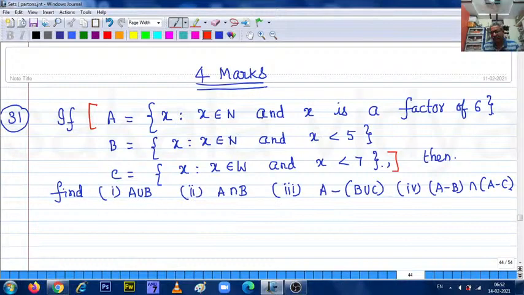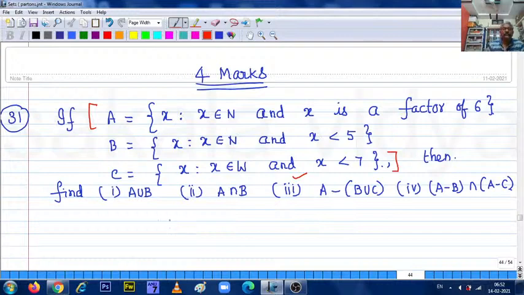For the third question, first we need to find B union C, and then B union C should be subtracted from the set A. In the fourth question, you need to find A minus B as well as A minus C, and then find the intersection of A minus B and A minus C.